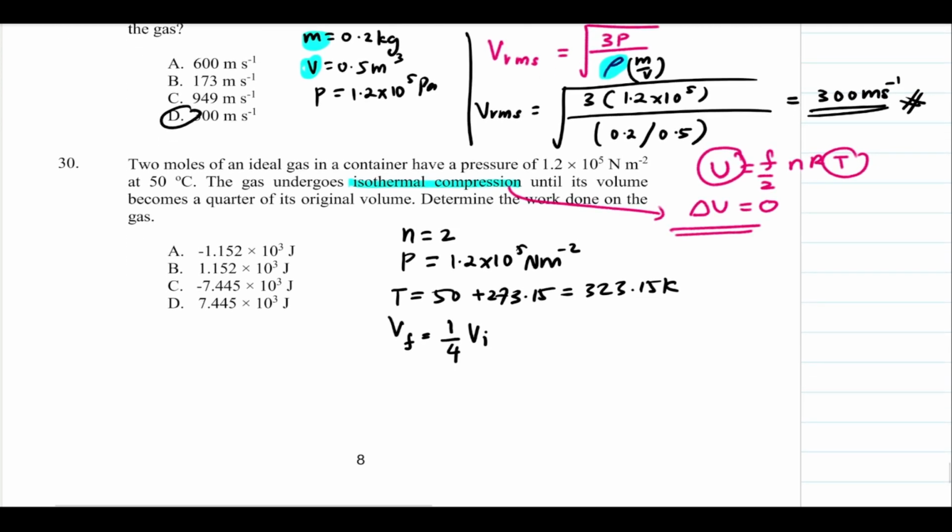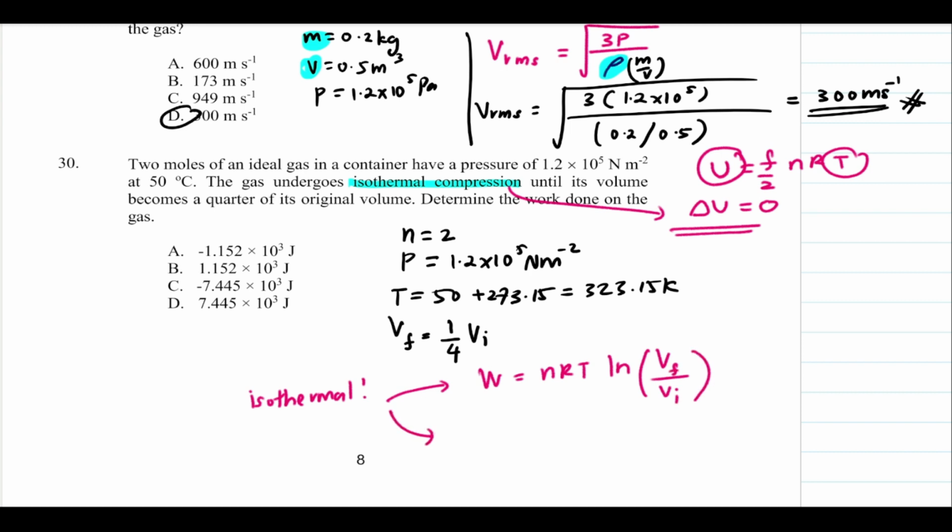Okay, untuk isothermal, ingat untuk isothermal process, you nak kira work boleh guna formula W equal to nRT ln V final ataupun V2 over V1. Okay, ataupun saya suka tulis V final over V initial. V2 tu final lah.